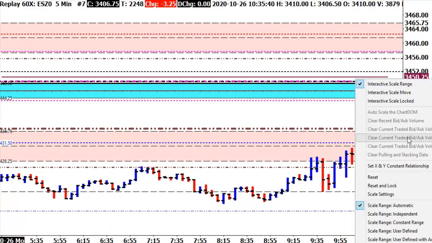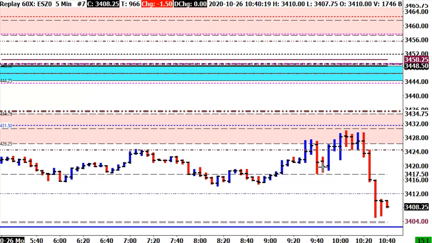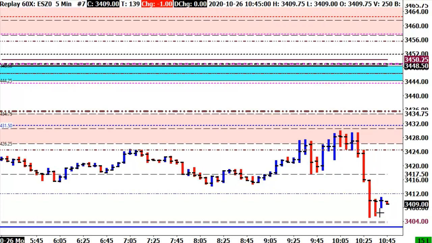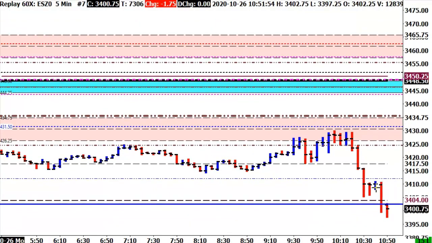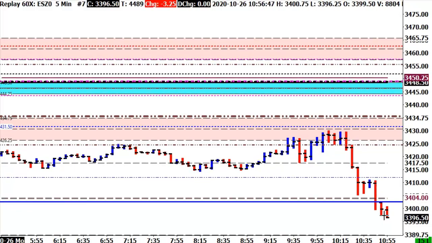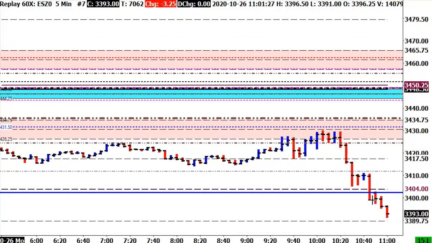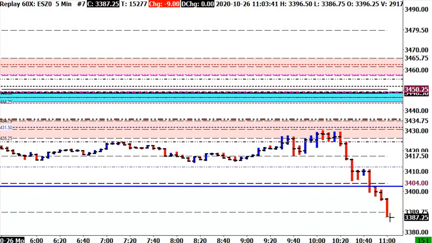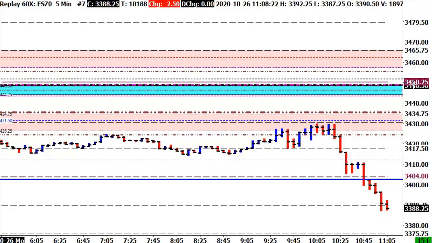Now, let me see if I can keep it big enough for you guys to be able to see the price action, right? So that drop led me to look for this kind of opportunity. Drop hard, go sideways a little bit, and then get ready for the next move, right? Now, clearly, my daily goal was in hand fairly quickly.